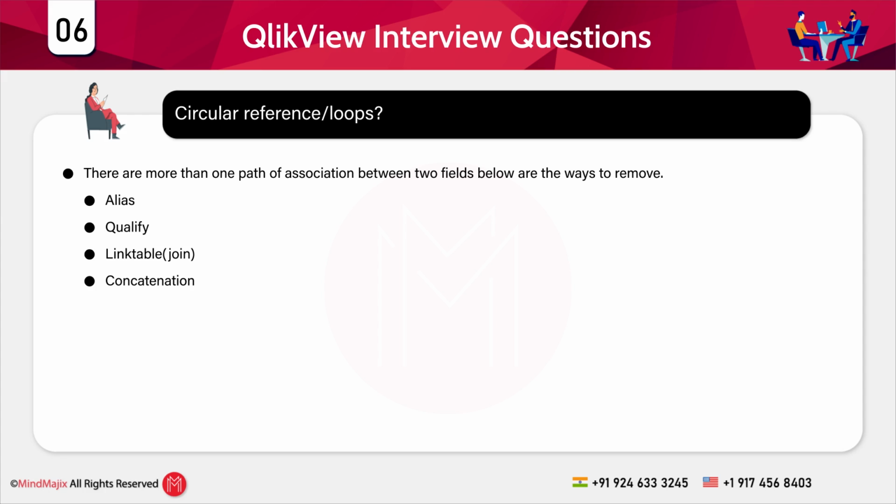I repeat, if there is a relation of table A to table B and table B to table C, then A can also directly refer to table C, or C can refer to A. But if again from C to A or A to C directly a connection is found, then we will call it a circular reference.